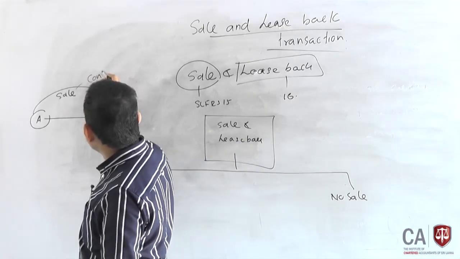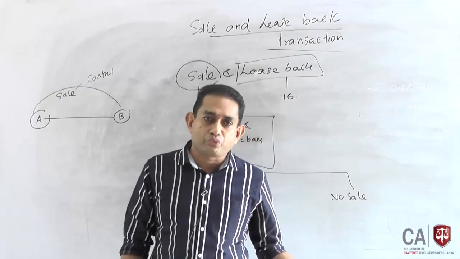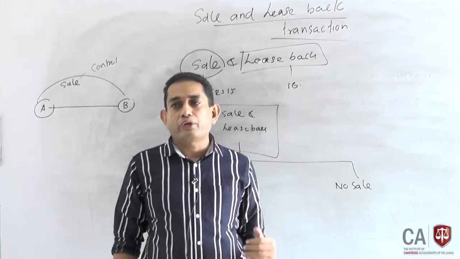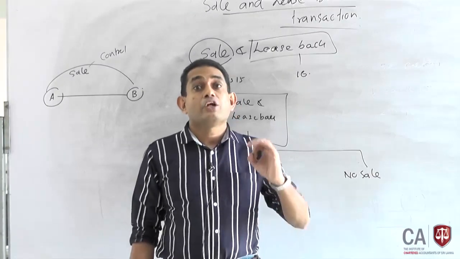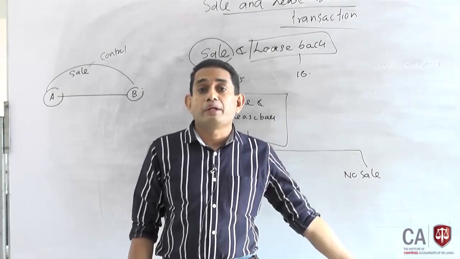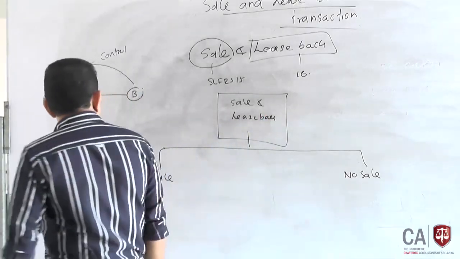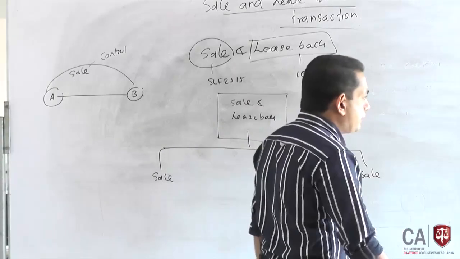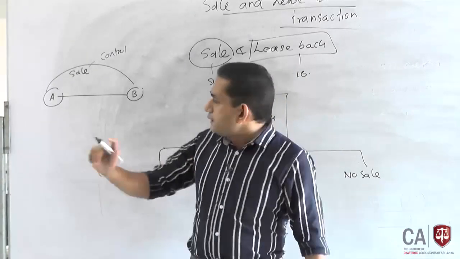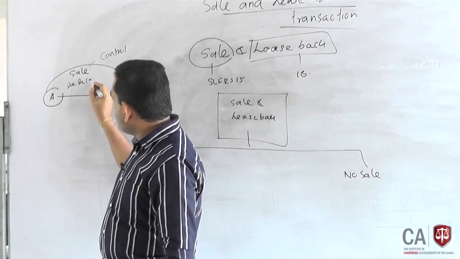So, first you need to apply SLFRS 15 to make sure the performance obligations were satisfied. So, how do we do that? You need to see whether the control has passed to the buyer from the seller. Now, if it is not a sale, the seller need not derecognize the asset, and you know that.